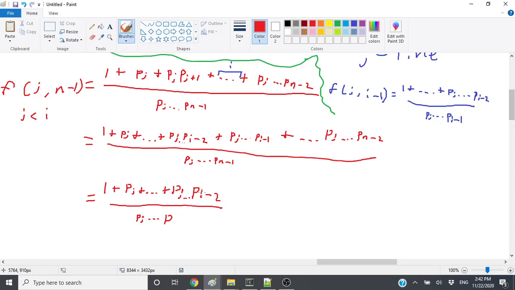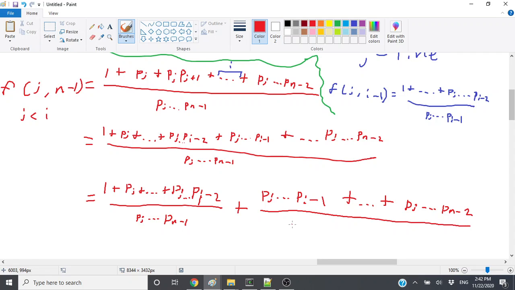Also, because this is an i, plus pj ... pi minus 1 plus ... plus pj, I hate these dots so much, pm minus 2, with the same denominator. Over pj ... pm minus 1. Now notice this is very close to f of j, i.